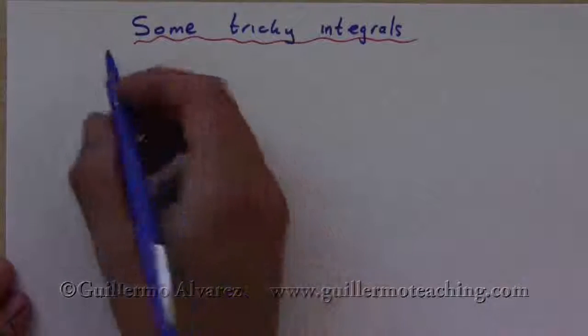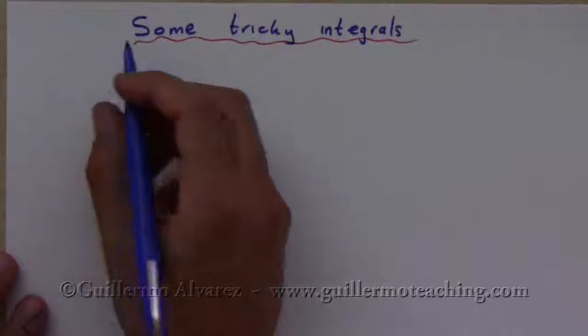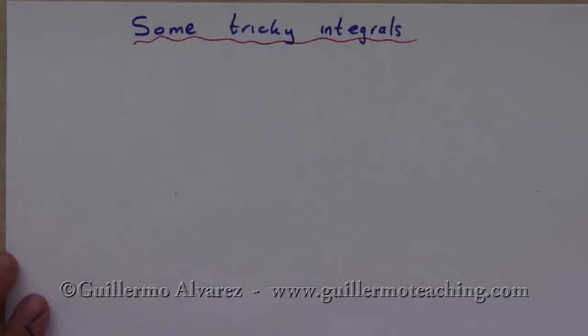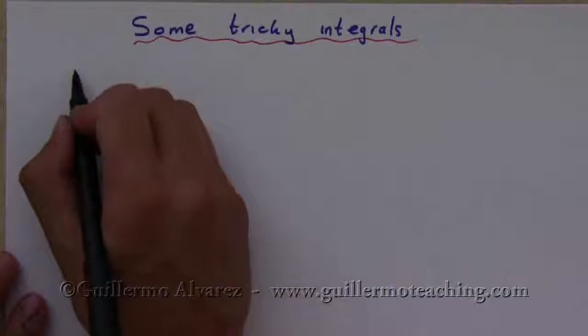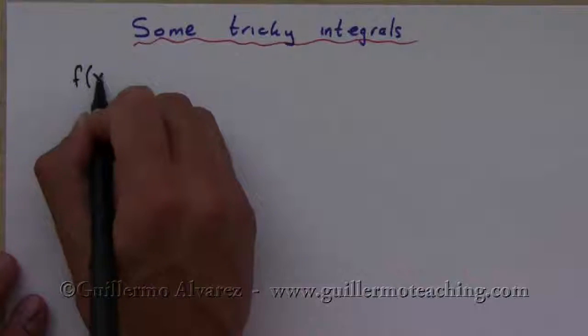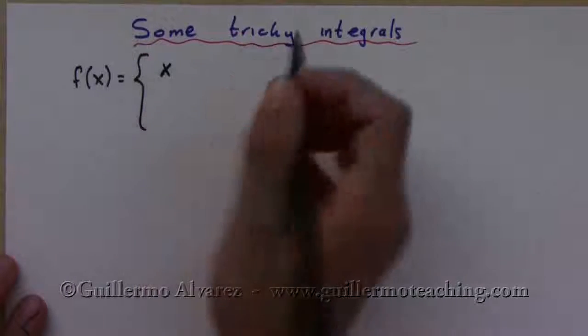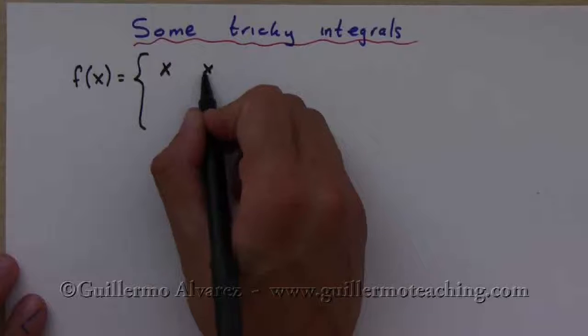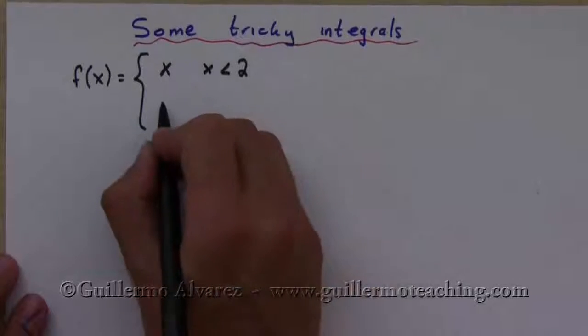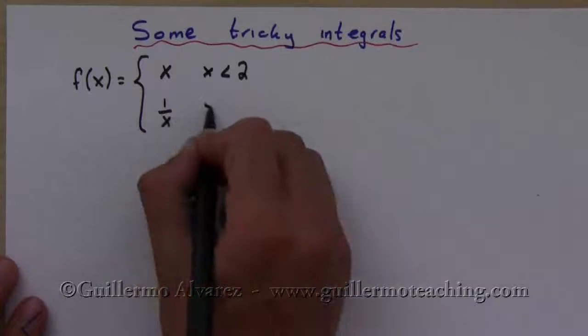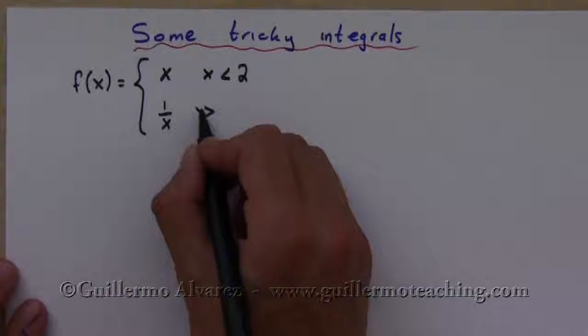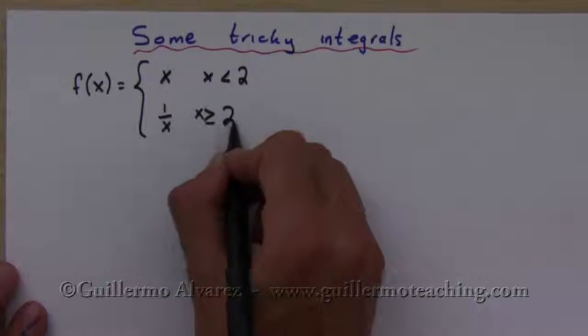Well, why don't we start off with the integral of a piecewise function. So let's say we have a function that is equal to x when x is less than 2, and 1 over x if x is greater than or equal to 2.